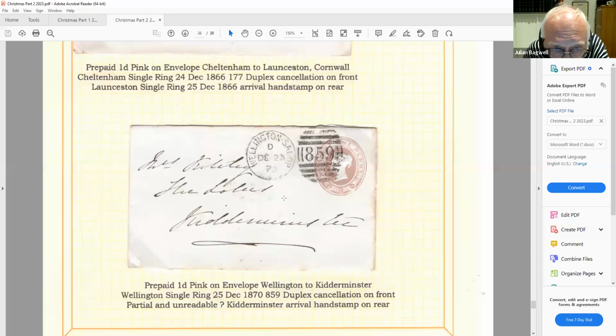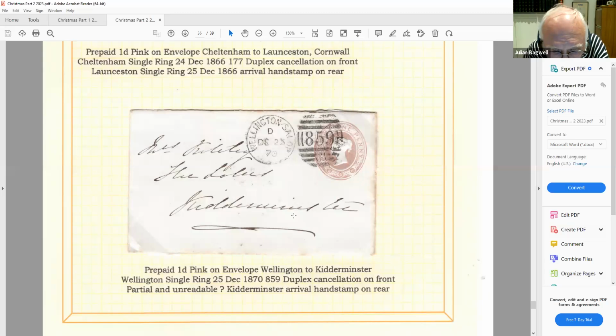And this one with a rather nice Wellington, December the 25th, 1870 single ring hand stamp on it, in fact a duplex. And there's a very poor quality arrival hand stamp on the rear, which I'm not showing because I can't make it out myself.